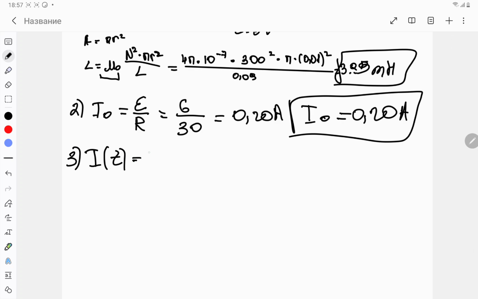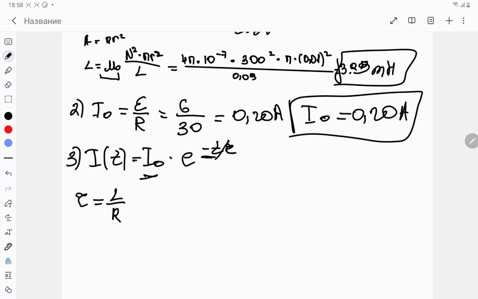I see you know this formula: I(t) equals I0 times e to the minus t over tau. It's the initial current, and we know the initial current, of course. Time t is the time, and tau is equal to L over R.